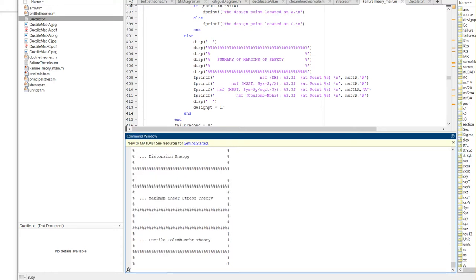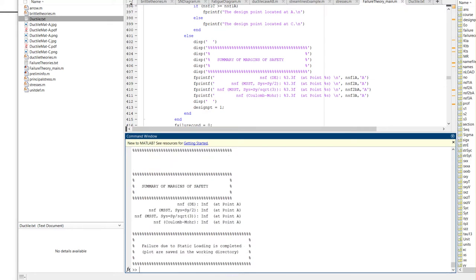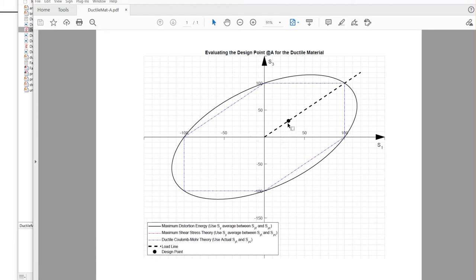And you wait for this to run. And once it runs, let's open this. You can see that your point in this particular problem is right here.